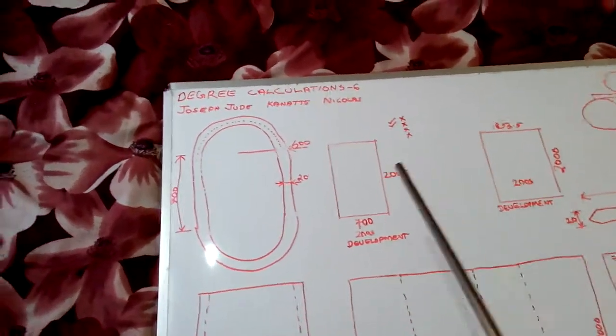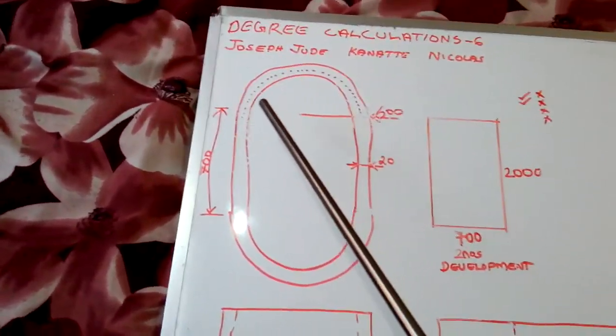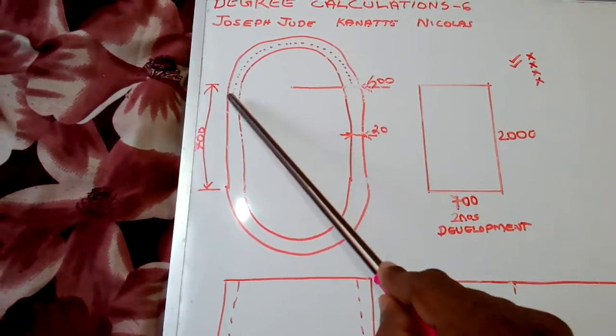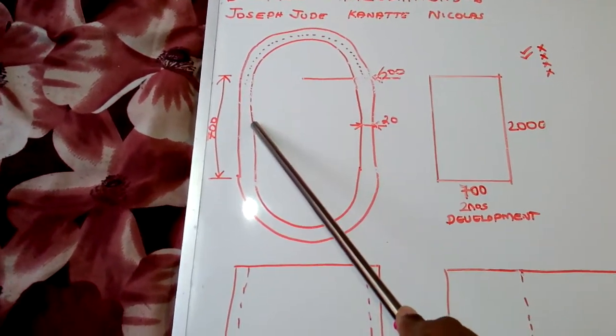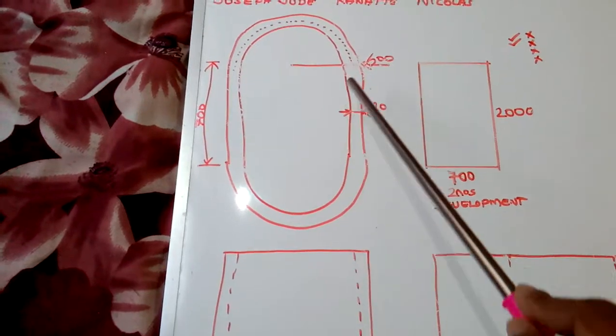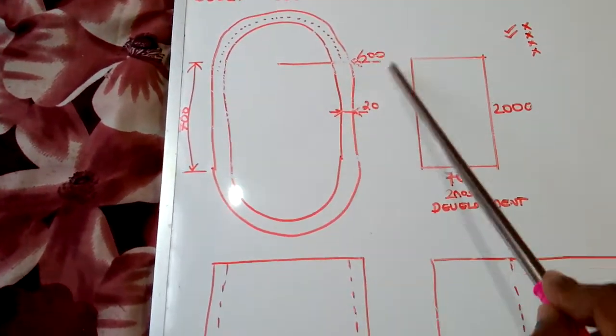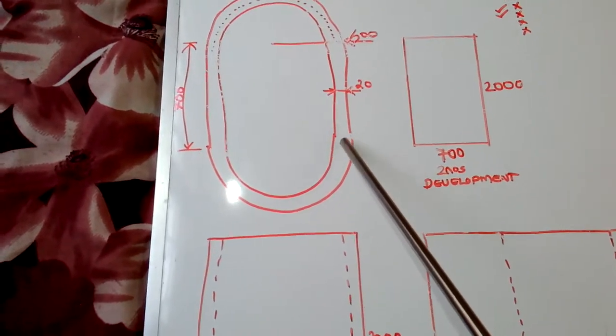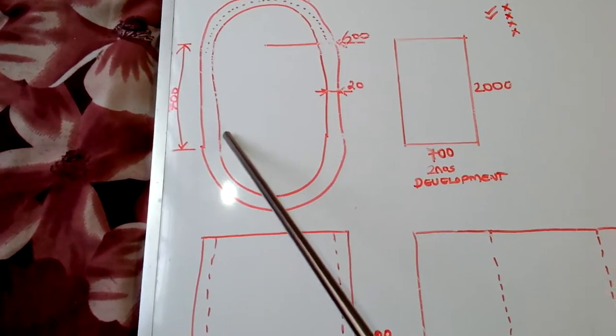The third development: with this half perimeter we have to increase 100 mm here, 100 mm here. So if we increase 100 mm here, 100 mm here, here also you have to do like this. From this half round, increase 100 mm here, 100 mm here.